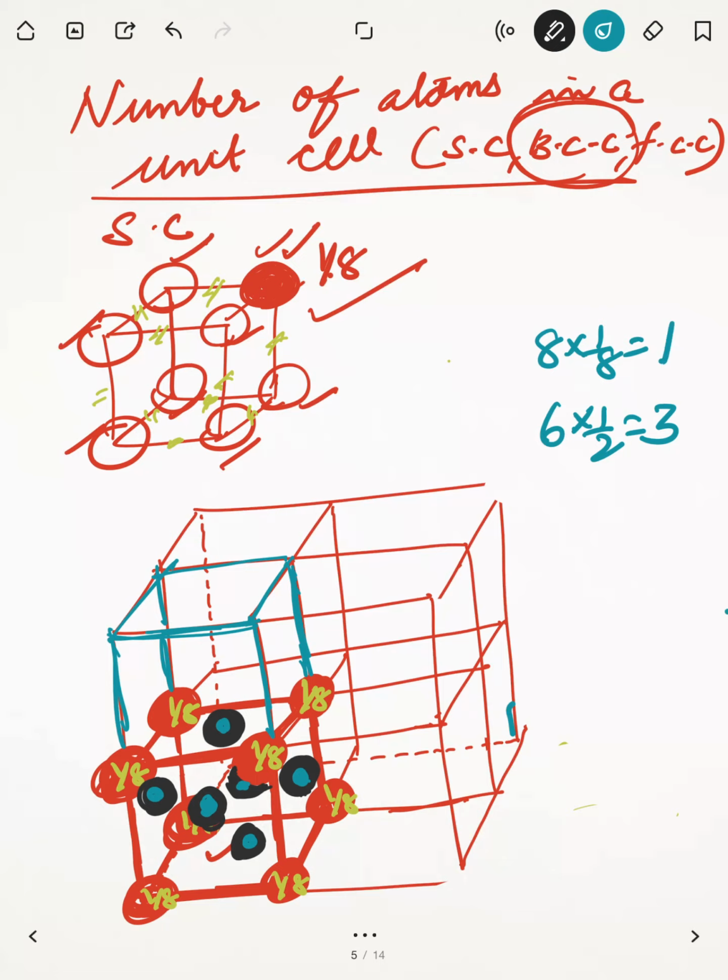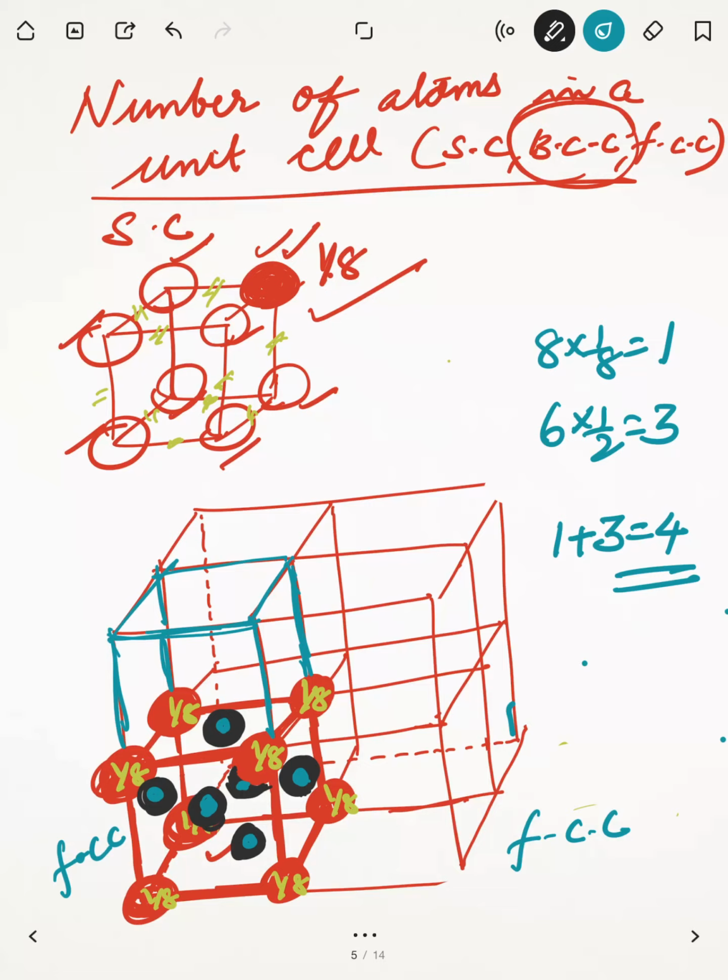Now, 8 into 1 by 8 is 1, 6 into half is 3. So 1 plus 3, altogether 4 atoms are present in face centered cube. This is FCC. What I have shown here is FCC. Like that, other cubes are also FCC only.